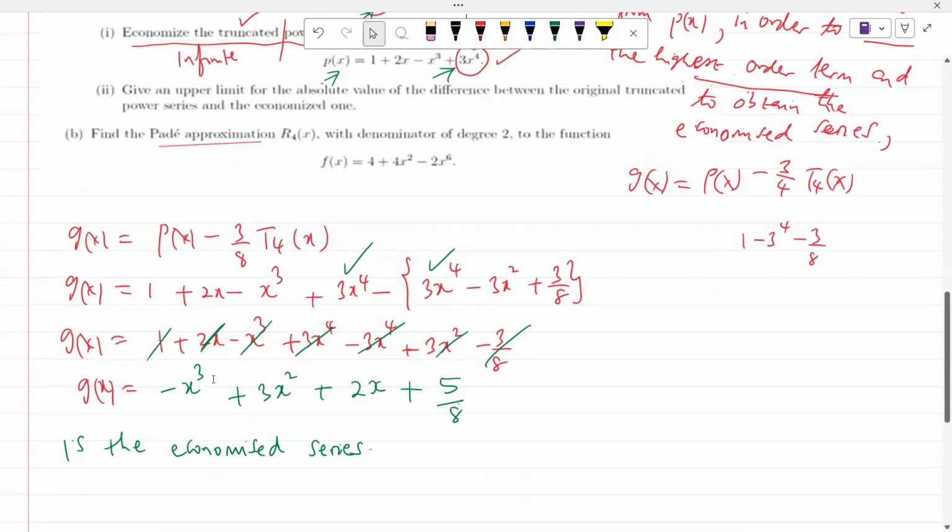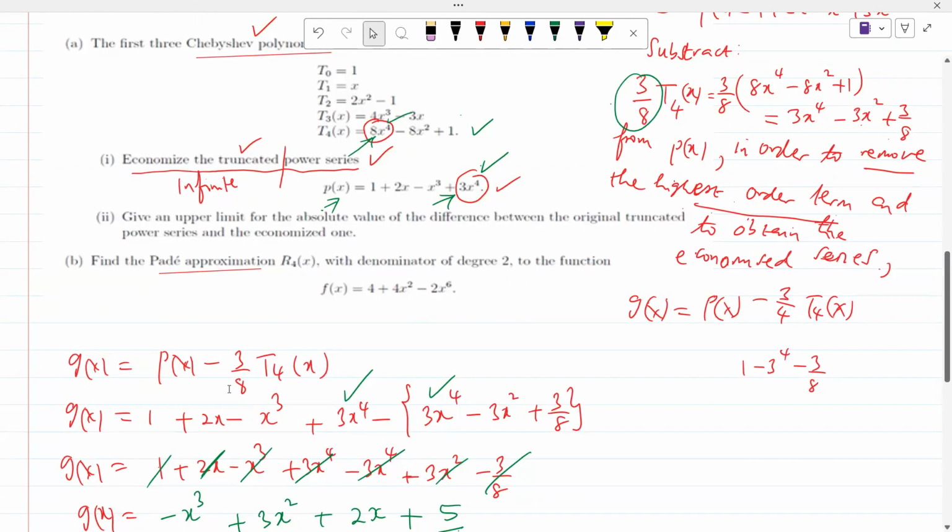Let's look at the next question. Here we need to give an upper limit for the absolute value of the difference between the original truncated power series and the economized one. These are exam type questions, and with mastering these exam type questions, we can be rest assured that passing is guaranteed.